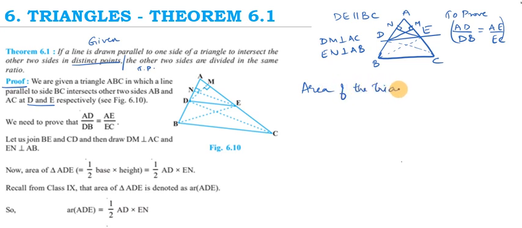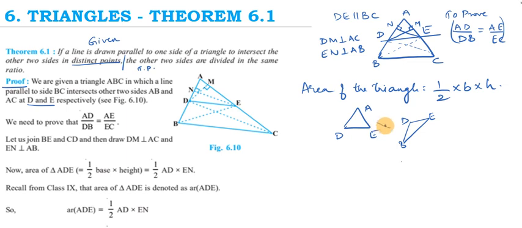We all know the area of a triangle is half into base into height. To consider this, we are going to take three triangles. The first triangle is going to be ADE and the second triangle is going to be BDE.